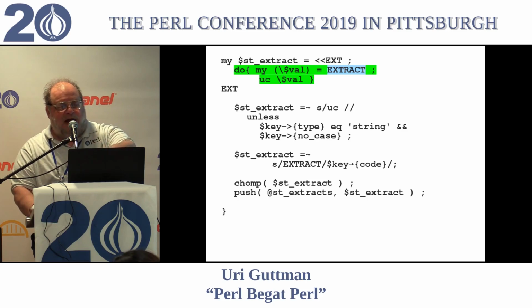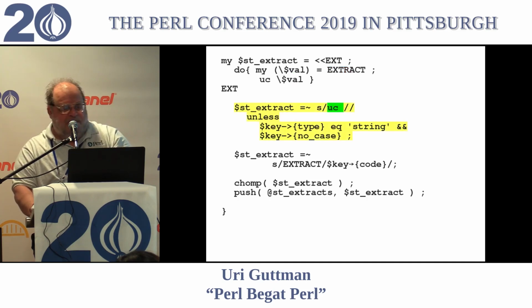Now I build up the extract code. Remember, it's still in that loop. So the extract code, all this green is actual generated code, and I have a token called extract. And there's the UC built into it. And I get rid of the UC unless it's a string and it's no case. For the number, I get rid of the UC. If it's case sensitive, I get rid of the UC. And that's here.